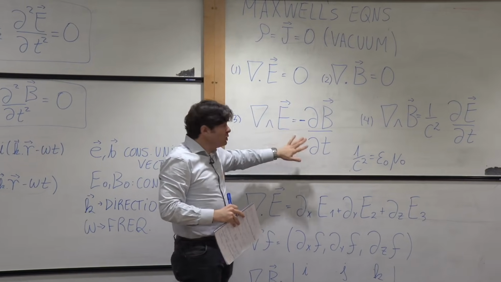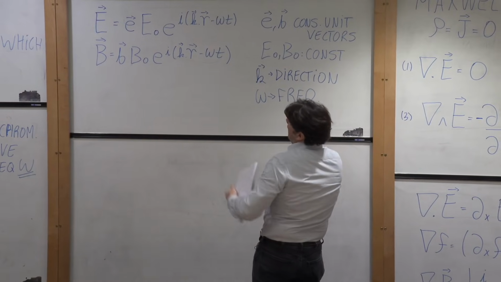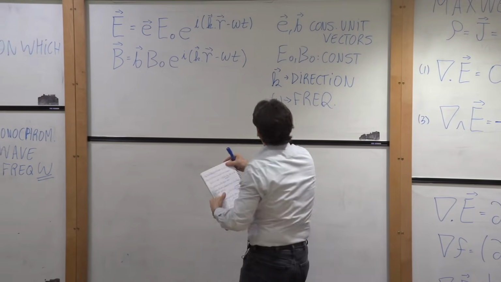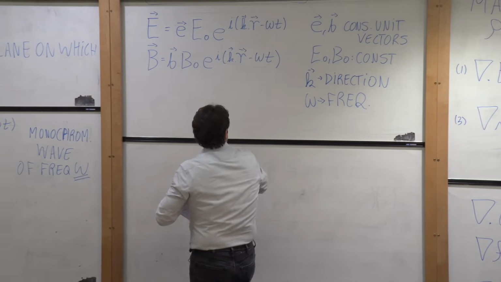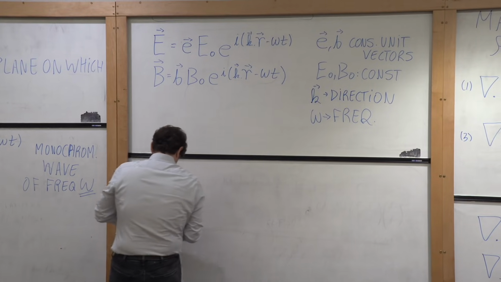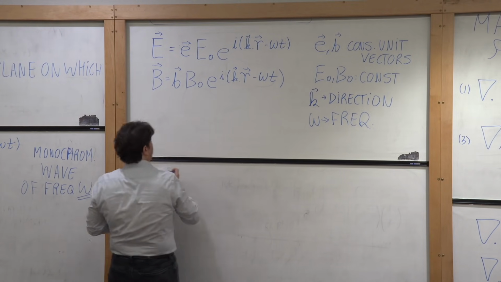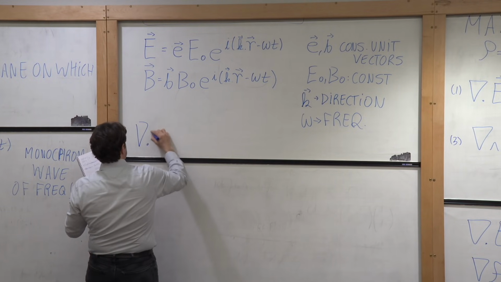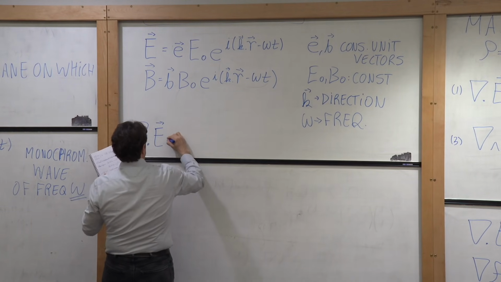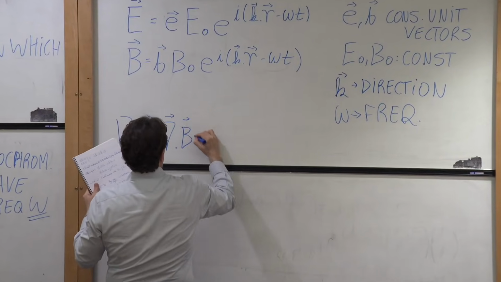So for instance, if you just take the first two and plug E and B into 1 and 2, you have the divergence of E equals the divergence of B equals 0.